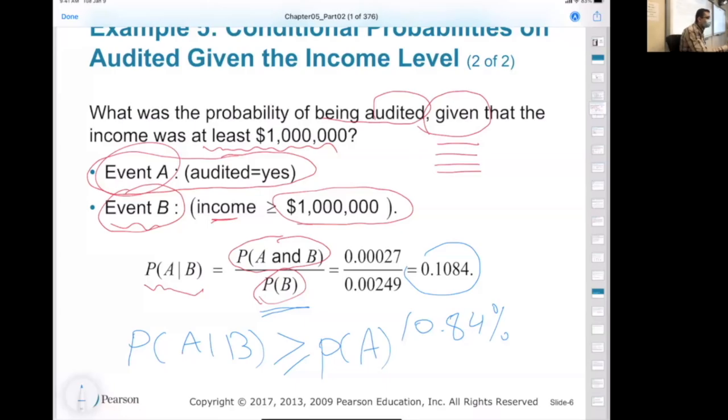This is the conditional probability. This is the unconditional probability. Of course, when you try to predict something and you have background information about it, it's better than when you try to predict the same thing without any information, right? Of course, it makes sense.